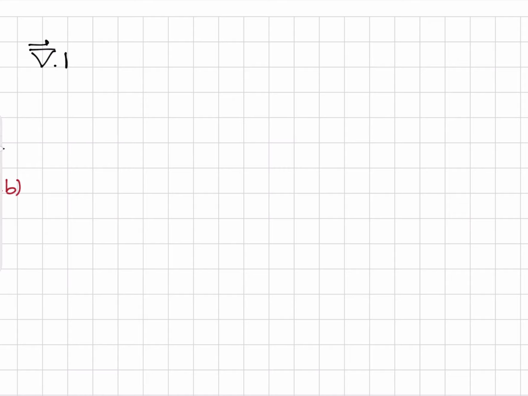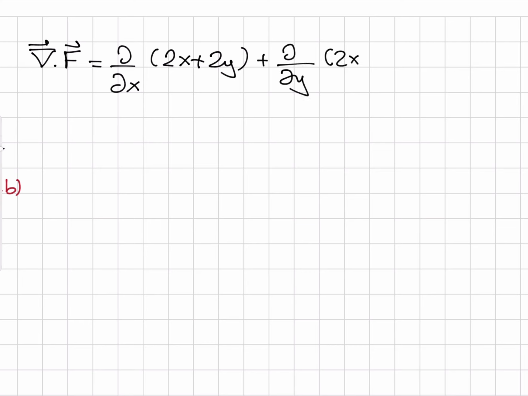Divergence of F is del x of 2x plus 2y, which was the x component, and del y of 2x plus 2y, which was also the y component, or 2y plus 2x.